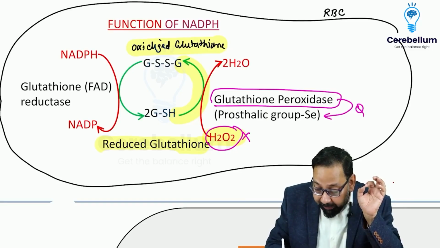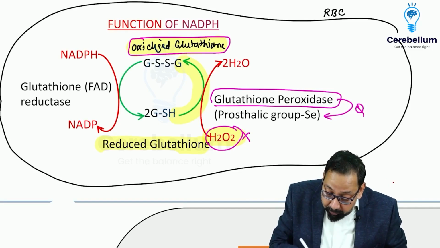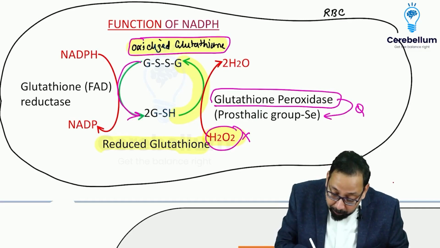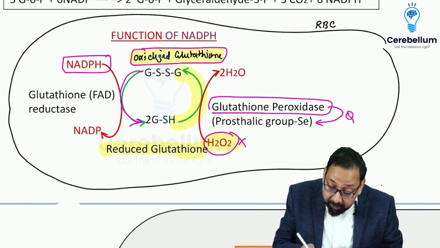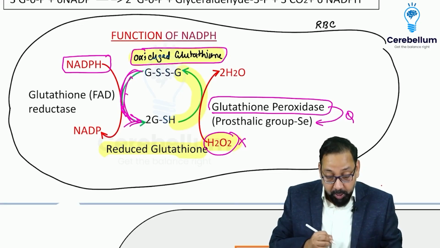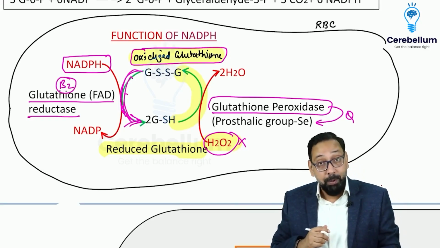Prosthetic group is selenium. This oxidized glutathione is converted back to reduced glutathione with the help of NADPH. Yes, NADPH converts oxidized glutathione back to reduced glutathione. And the name of enzyme is glutathione reductase, and B2 is cofactor for this glutathione reductase.